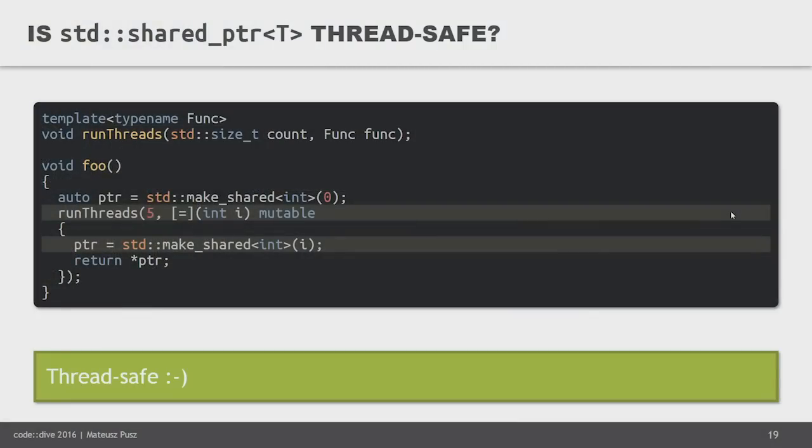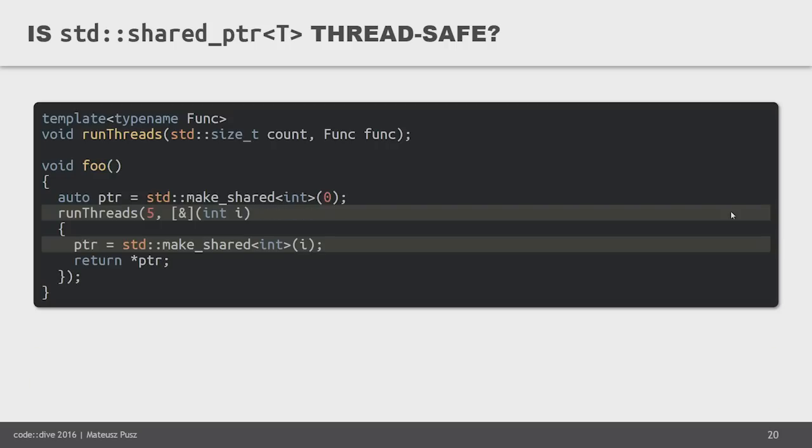Basically, shared pointer has synchronized state, so you can access this state for different shared pointer instances in a thread safe manner. Here you are using different instances of the shared pointer because you have a copy inside the functor. Okay, so what will be here if you use a reference?